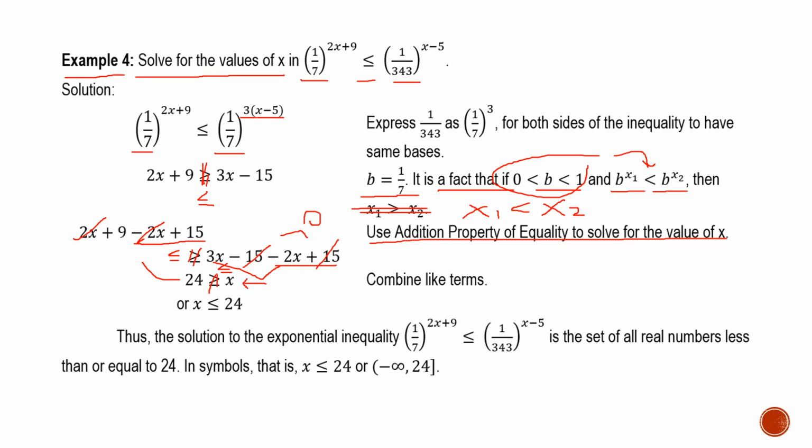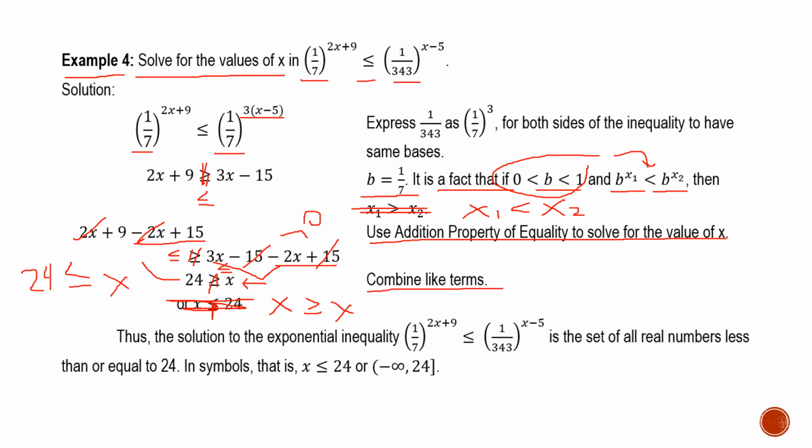In this case, 24 is less than or equal to x. So we can say that, with a typographical error here, x is greater than or equal to 24.